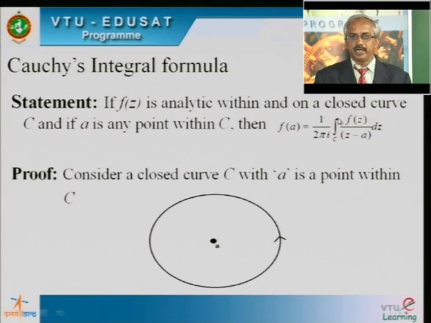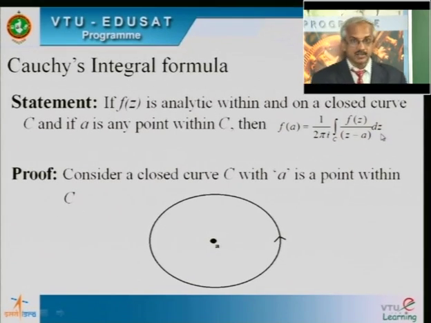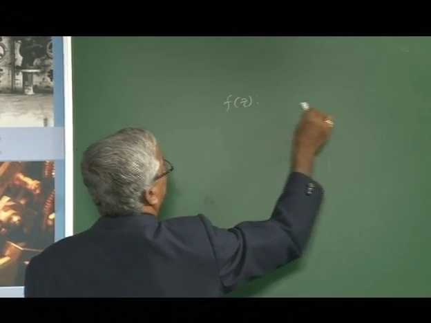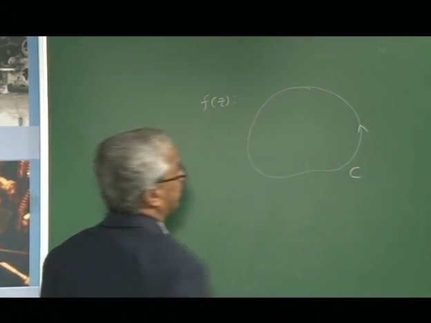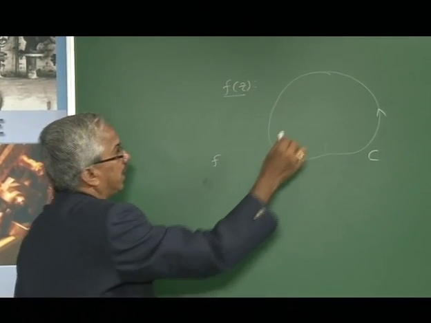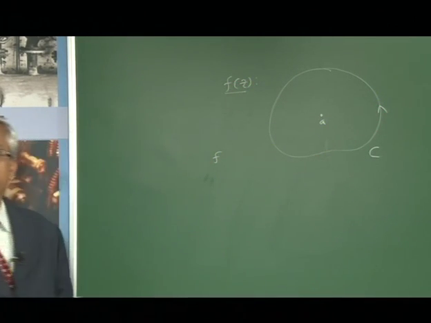i times the integral along the closed curve C of f of z divided by z minus A into dz. The statement clearly says that f of z is analytic in any simple closed curve C, and A is a point inside.